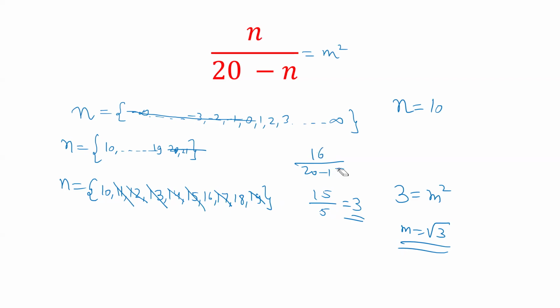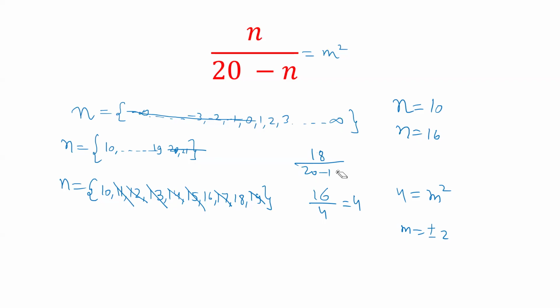Taking 16, 16 upon 20 minus 16 gives 16 upon 4, and that is 4. So m square equals 4 and m equals plus or minus 2. So this is a square of an integer, and n equals 16 is possible. 17 we already removed.